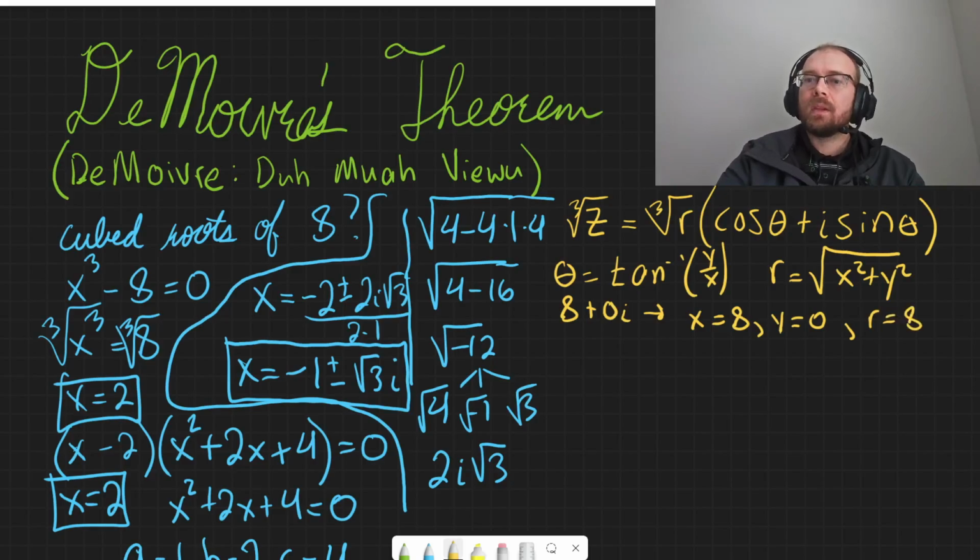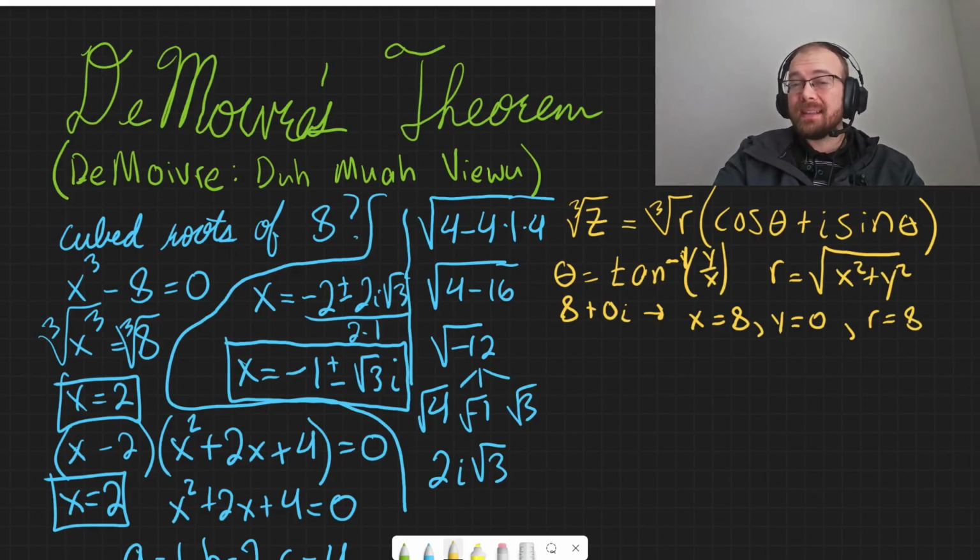Now for our tangent, though, it would be y over x, so it's actually tangent of 0 over 8, and it's the tangent inverse specifically, so tangent inverse of 0 over 8, which is the tangent inverse of 0, which is 0 unless I need to be in the other quadrant where I get a tangent value of 0, which would be 180 degrees.